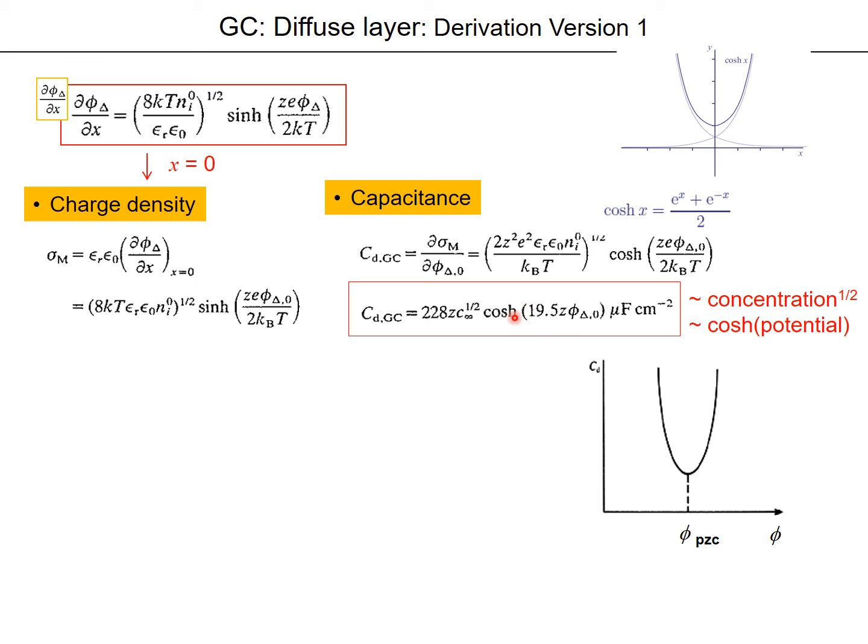Again, capacitance is proportional to the square root of concentration and the hyperbolic cosine of the potential. That is the Gouy-Chapman model. And finally, we could describe the potential dependency of capacitance, which is very different from the Helmholtz model of the electric double layer.